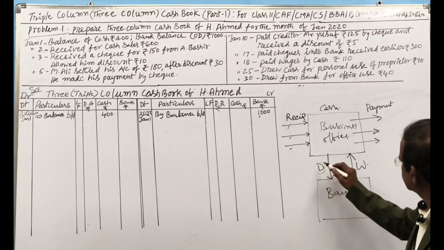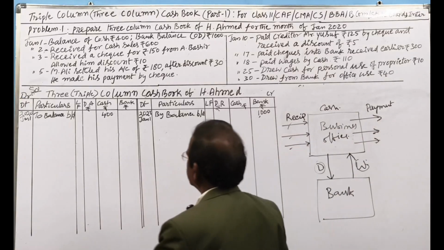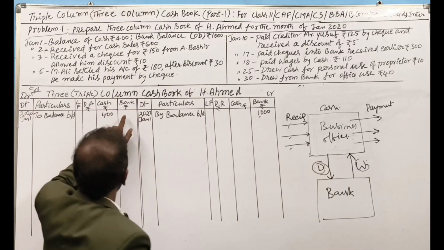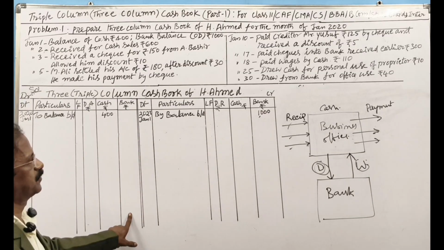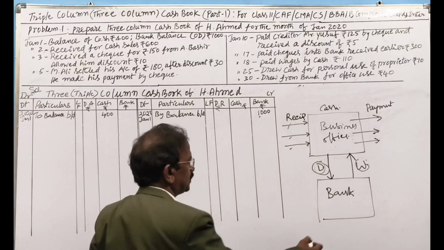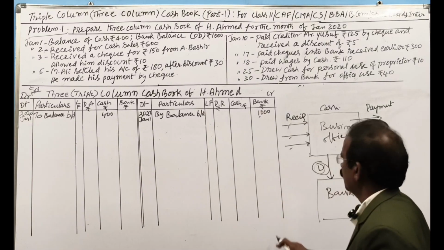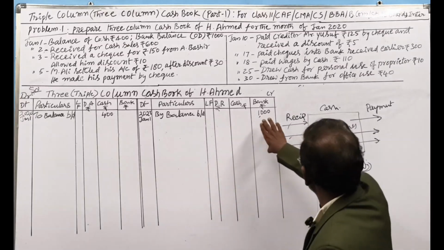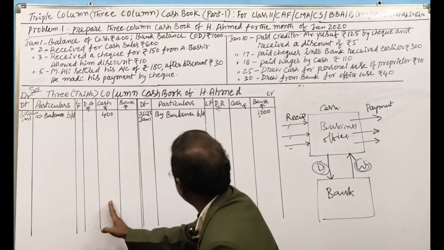To record this and this, we need extra columns. One column is for recording deposits. All the deposits are debited, means on the debit side we have to record. All the withdrawals are to be recorded on the credit side. Now, simply, the rule is whenever cash inflow is there to the business premises, we have to record here.